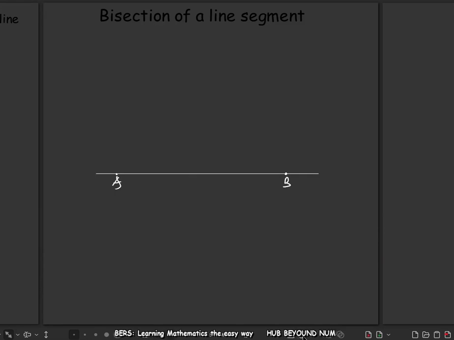So to bisect it, you need your compass. And what you do with your compass is you open it appreciably. What do I mean by that? You open it to extend more than half of your line. You see? And then with your compass, you draw an arc above it.